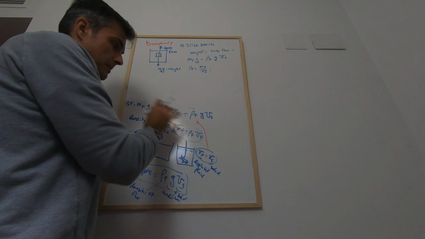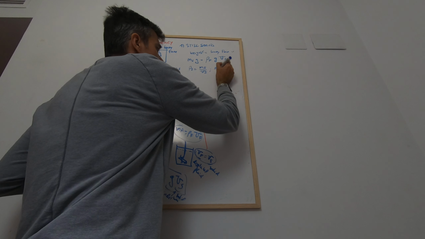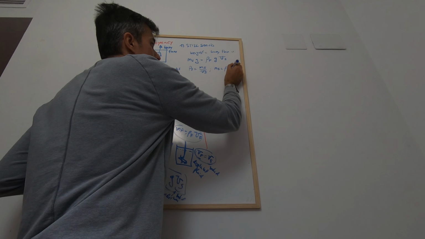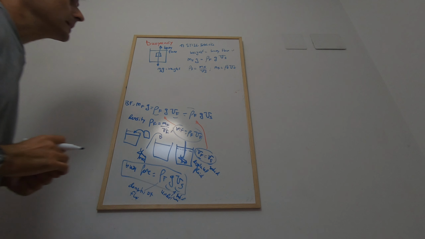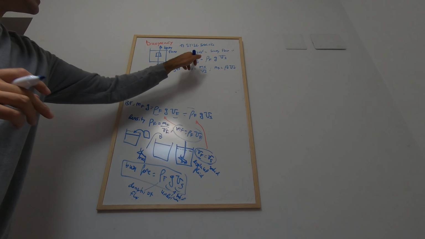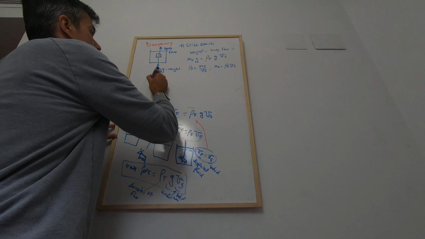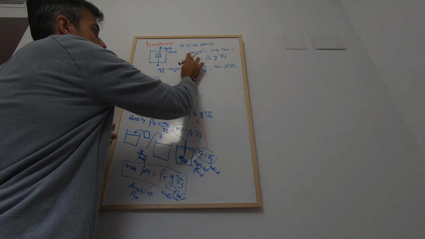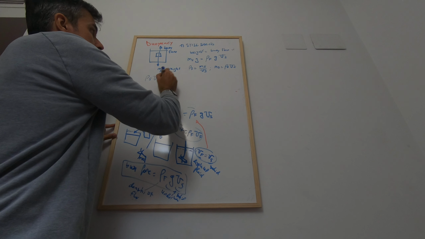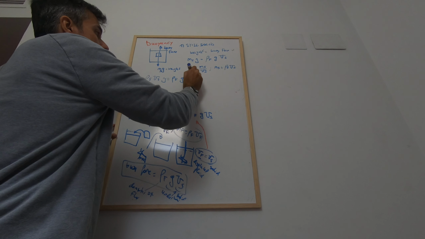So the mass of the solid is the density of the solid times the volume of the solid, right? If I substitute this there, I can write density of the solid times volume of the solid times gravity equals density of the fluid times gravity times volume of the solid.